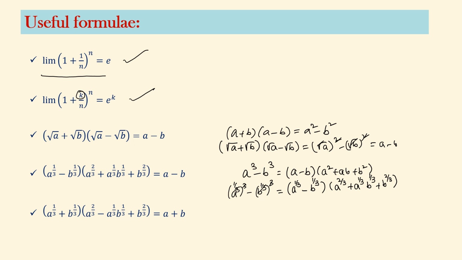So in the resulting answer, we don't have surds. There is no square root or cube root. So whenever you find this in the numerator of the fraction, you have to multiply with this factor, so that after multiplying, the resulting answer has no surds. Similarly, this is the case with a plus b.